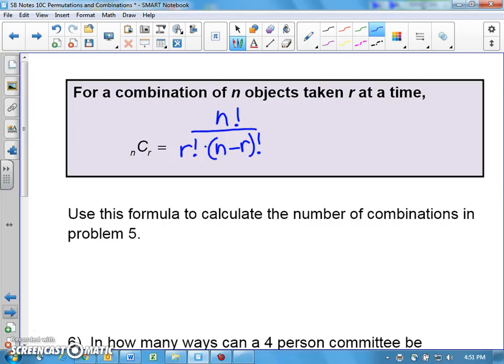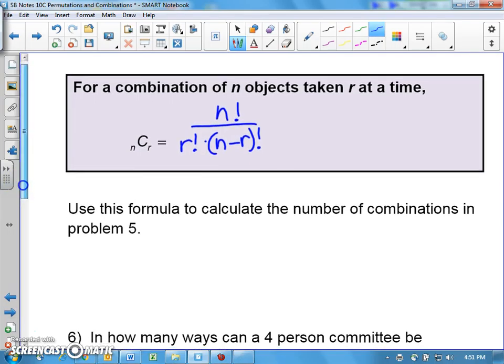Okay? All right, so let's look at what this does in our example from problem 5. I want a combination. I have 4 people to choose from, and I'm going to choose a trio, so I'm only going to choose 3 of them. So working this out, this is going to give me 4 factorial over r, which is my 3 factorial, times n minus r factorial.